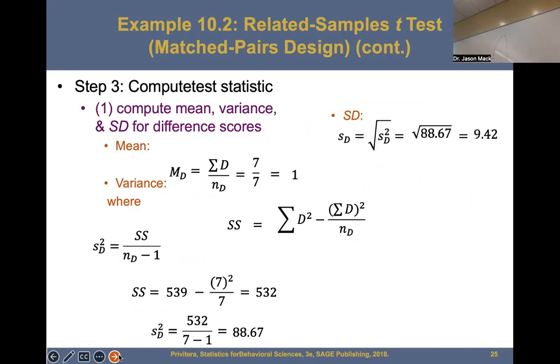The sum of the squares, which is 539, which I'm sure we have from squaring those, minus 7 squared divided by 7 is 532. 532 divided by 7 minus 1 is 88.67, which is our variance. We do our standard deviation by square rooting that, which is 9.42.